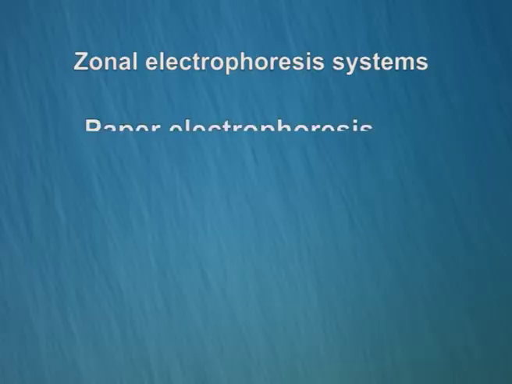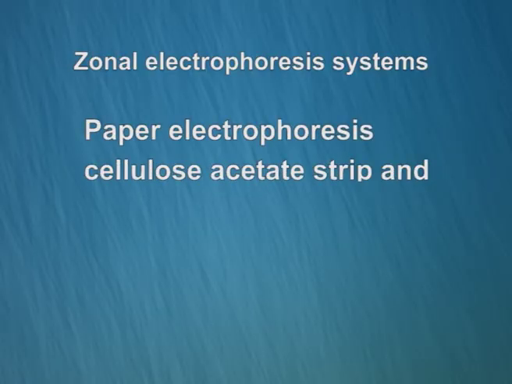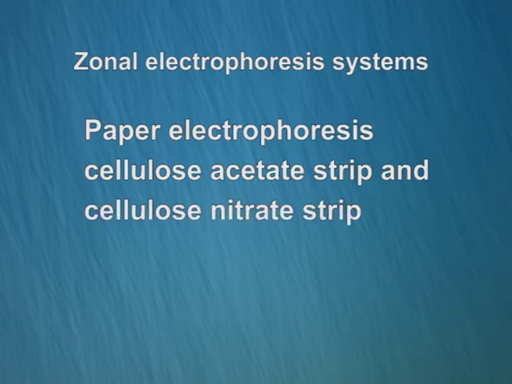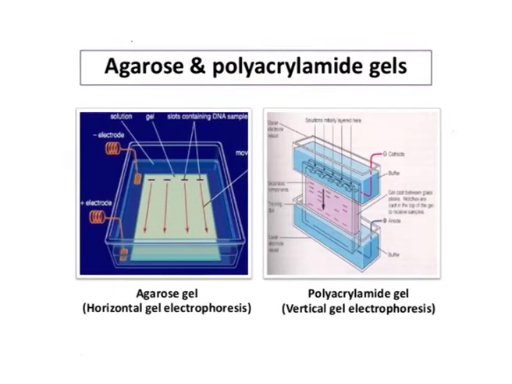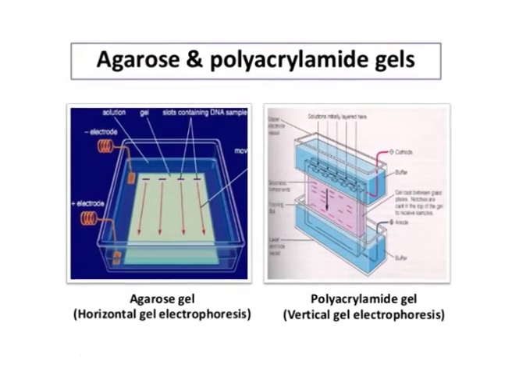Paper electrophoresis, cellulose acetate strip and cellulose nitrate strip and gel electrophoresis are all examples of zonal electrophoresis systems. Such systems are typically employed for analytical rather than preparative scale separations. Gel matrix used mainly is polyacrylamide and agarose.